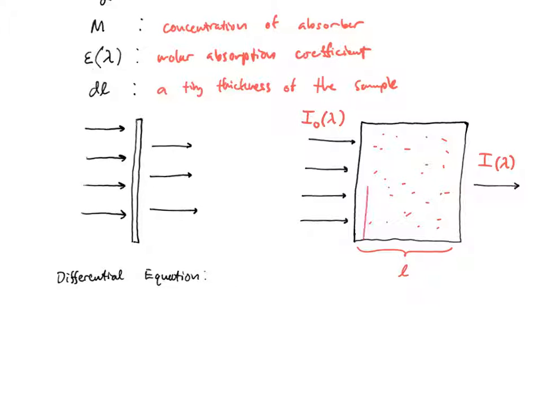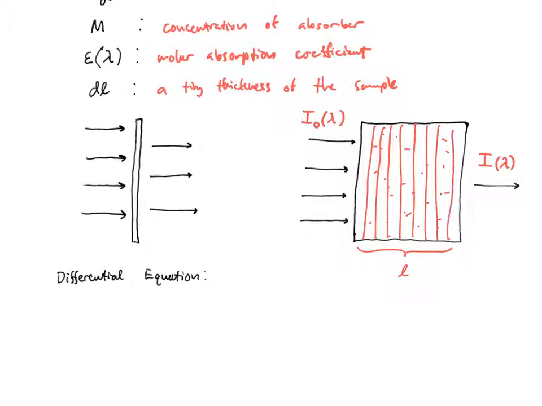Now imagine that the sample gets divided up into a large number of thin little wedges, really tiny wedges, like infinitesimally small. And you can imagine that the intensity of light near the beginning is going to be fairly high, but the more the light goes through the sample, the more it's going to be absorbed and the lower the intensity will get. So now take one of those little wedges, for this one over here on the left.